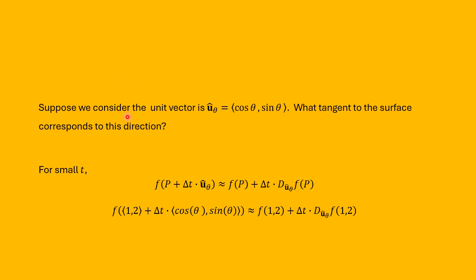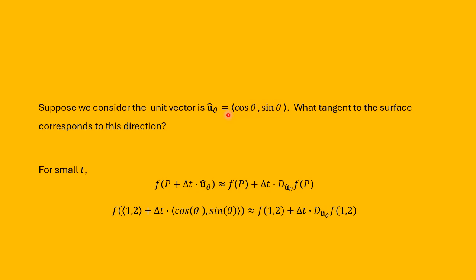What we can do is, for each value of theta between, let's say, 0 and 2 pi, define a unit vector which I'll call u hat sub theta, which is in the xy plane, and the first component is cosine theta, the second component is sine theta.